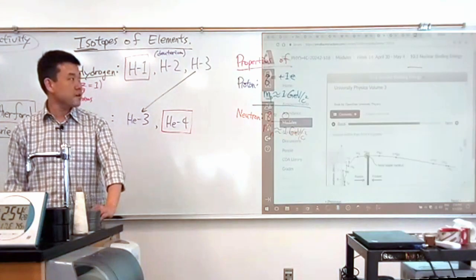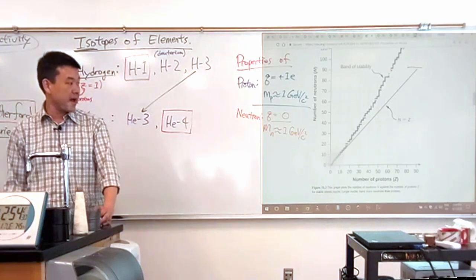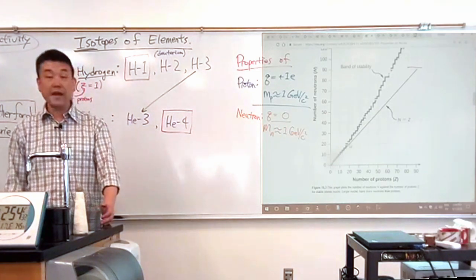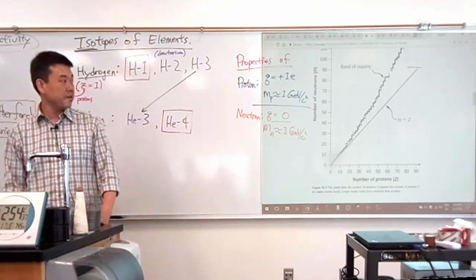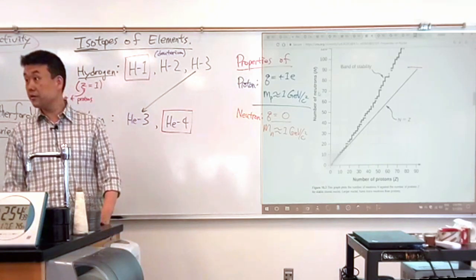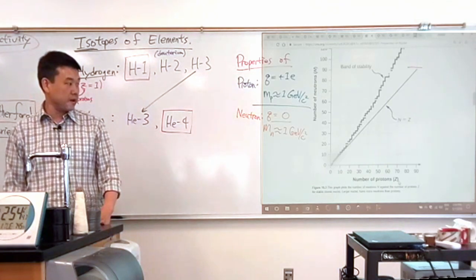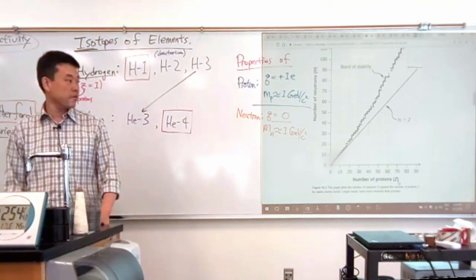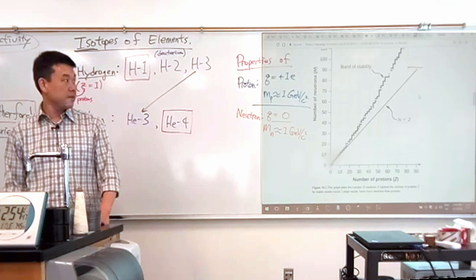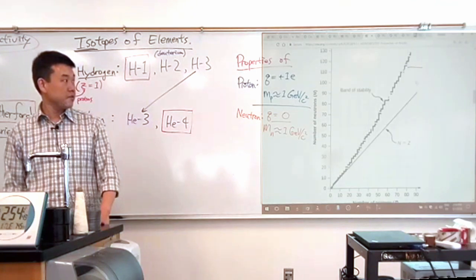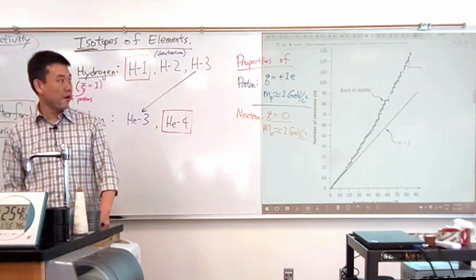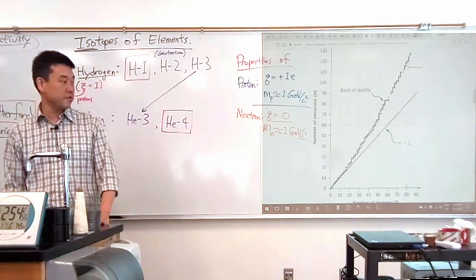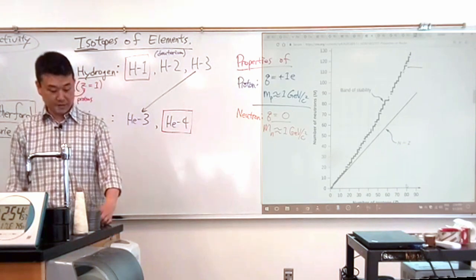Now, as you start to go into higher and higher Z value, or higher number of protons and neutrons, it starts to skew in favor of neutrons. So when you get to very heavy, like uranium-238, I guess it's around a Z value of 80, 90 or so, then for stability, well, uranium is not stable. So you need more neutrons than protons to keep it stable for some reason.